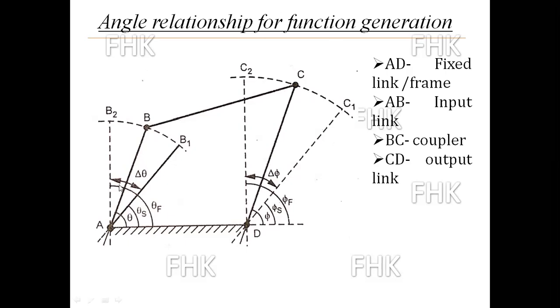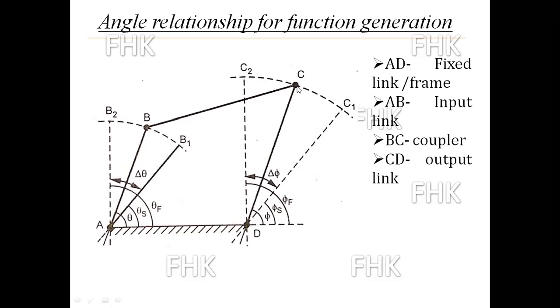CD. As you give the motion and it starts rotating in anti-clockwise direction, that motion is transferred to link CD. That's why link CD is called the output link, in which you will get the required motion, for example, oscillatory motion or a rotary motion.